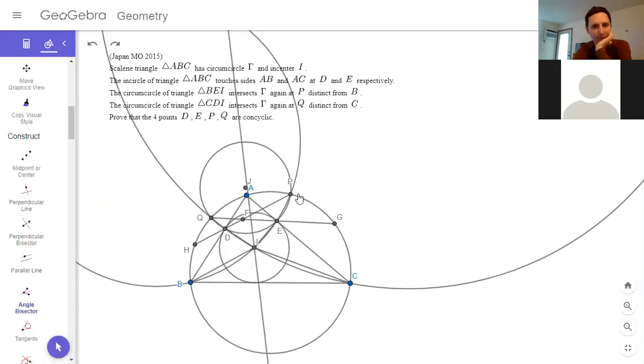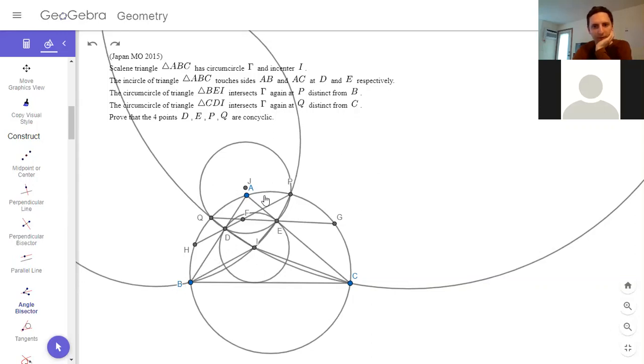Do you guys have any other thoughts? Isn't it half of alpha minus gamma? Do you mean angle BPE? Yeah, no, I think you're right.